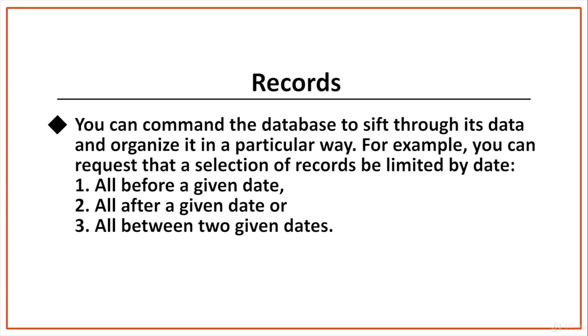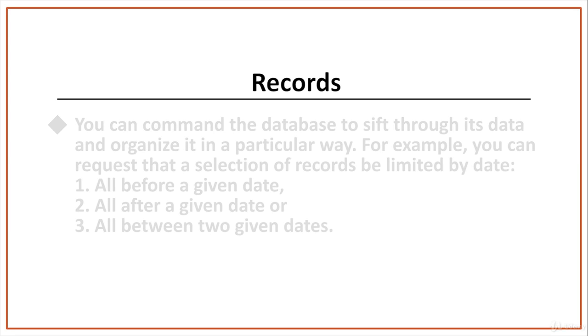You can command the database to sift through its data and organize it in a particular way. For example, you can request that a selection of records be limited by date. That is, number 1, all before a given date. Number 2, all after a given date. Or number 3, all between two given dates.